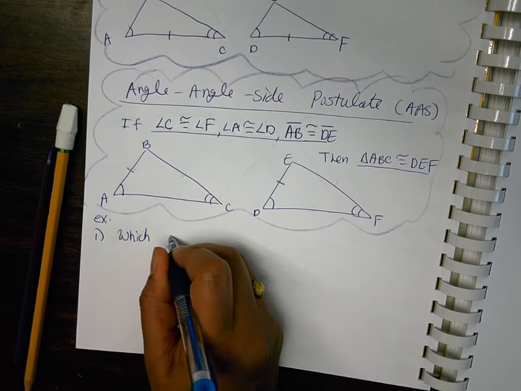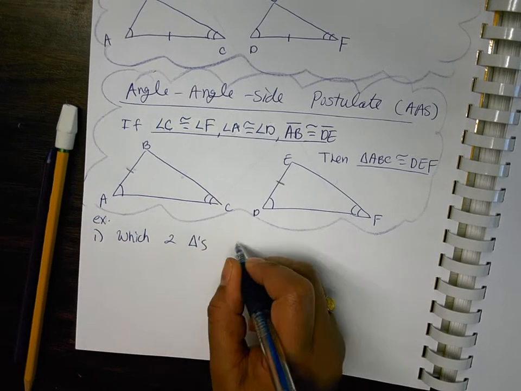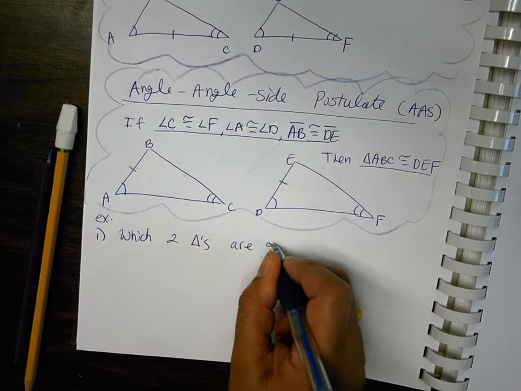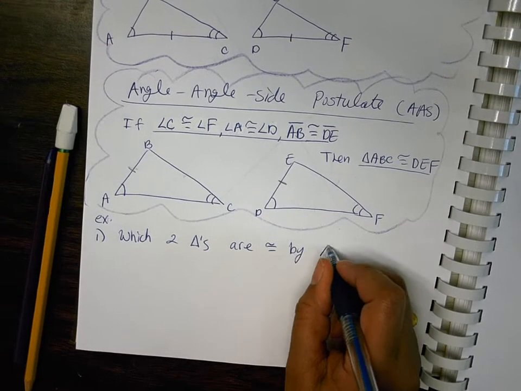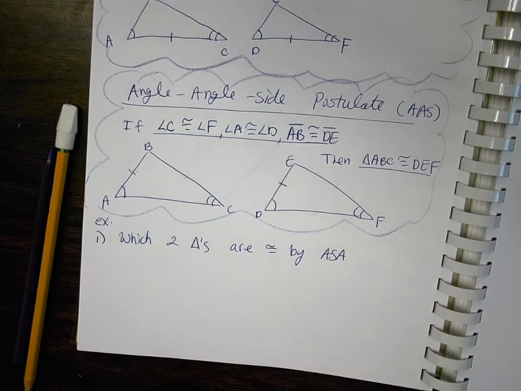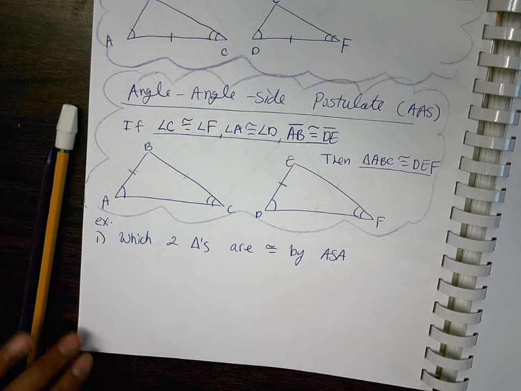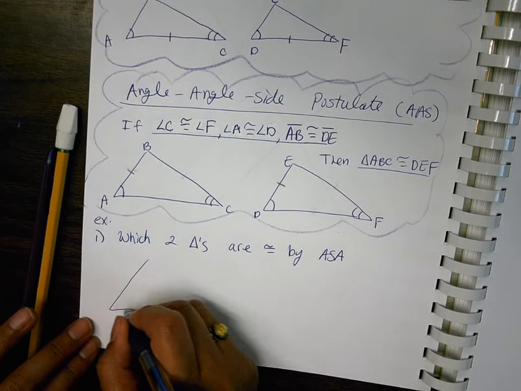Which two triangles are congruent by angle side angle? Okay. I'm going to give you three triangles.